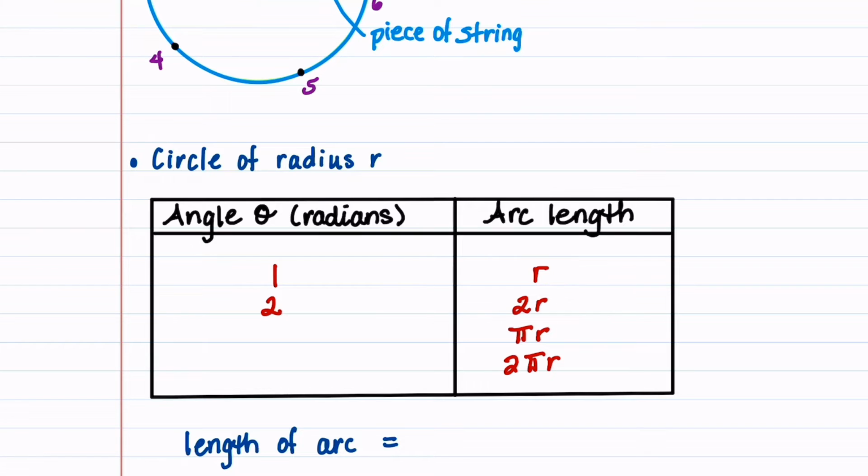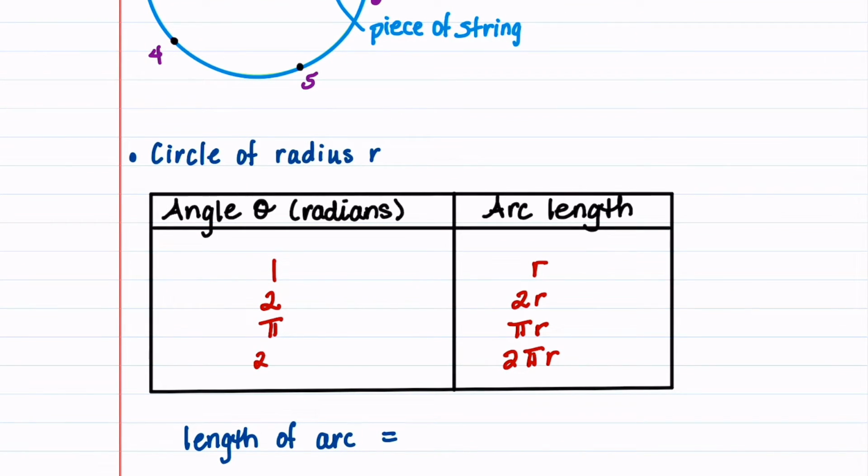Likewise, pi r, theta is equal to pi radians. And then 2 pi r, theta is equal to 2 pi. And notice that 2 pi r is the circumference of a circle.